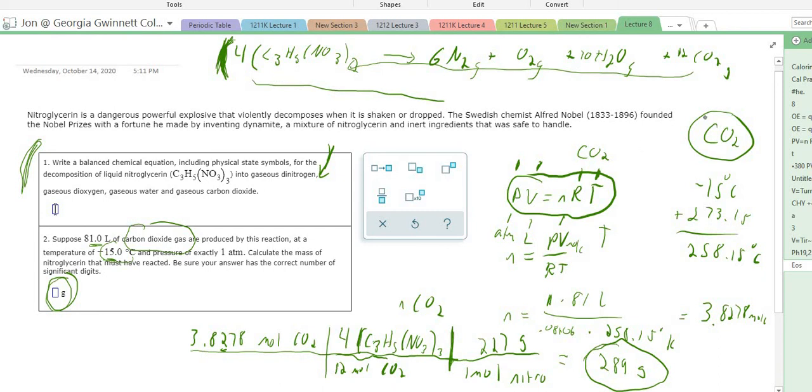I can use my stoichiometry: for every 12 moles of CO2 that is generated, I consume 4 moles of the nitroglycerin, which is what we did down here. So these are doable. It's just an application of the ideal gas law, as well as some of the previous stuff that we've learned in terms of stoichiometry. If you're careful, these are not terribly difficult, and you should be able to do it.